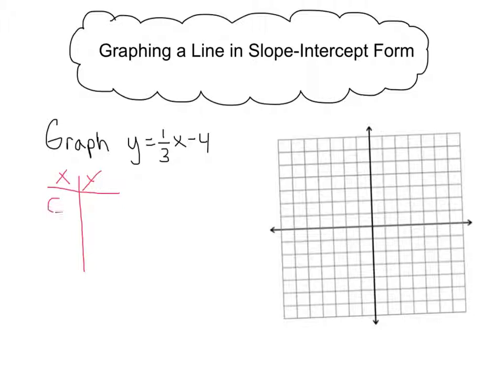So by plugging in 0 for x, we can see that the y value that we'd have to write down to make this equation true is 1/3 times 0 minus 4, which reduces to y equals -4, since 1/3 times 0 is 0. So now we know a point on this graph. The point 0, -4 makes this equation true. So we have a point.